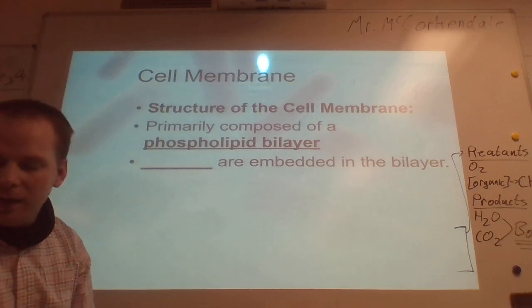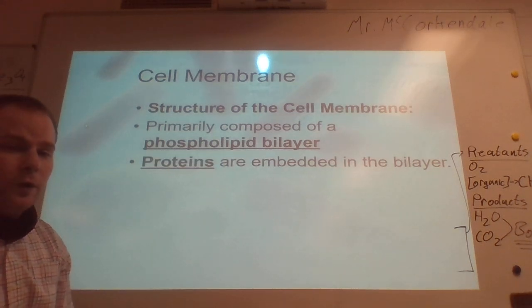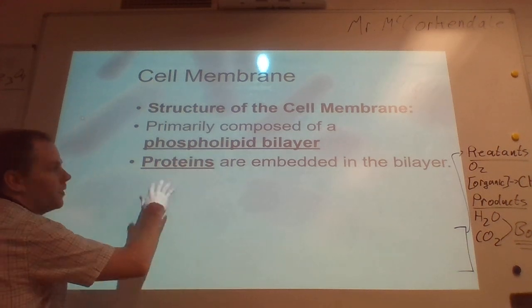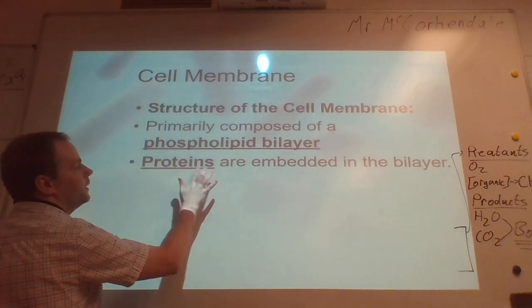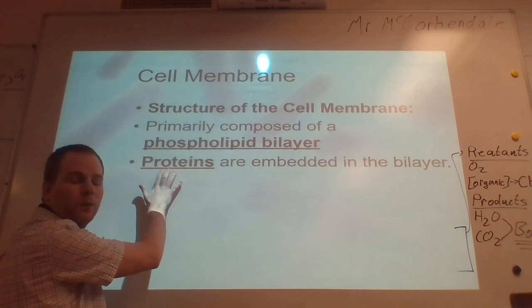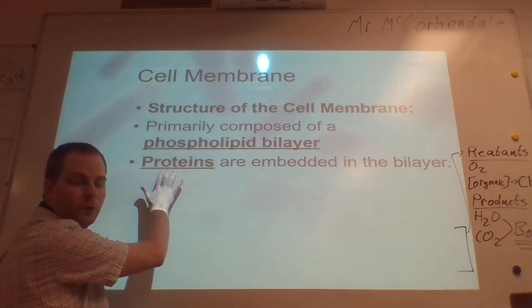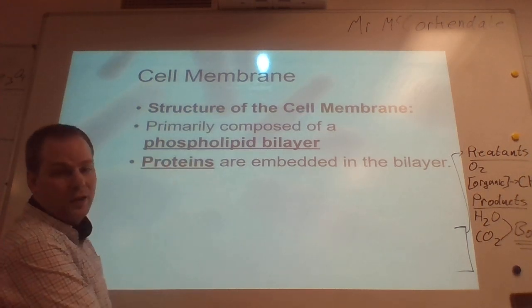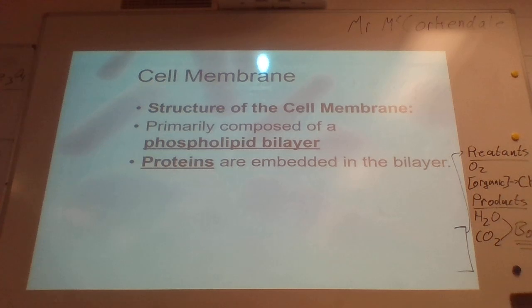Technically, it is proteins. I would prefer if you actually said transport proteins. But there are several others embedded in there, so that's why this is saying proteins. But bear in mind that when we're talking about cell transport, we're talking about transport proteins that are within that cell barrier.